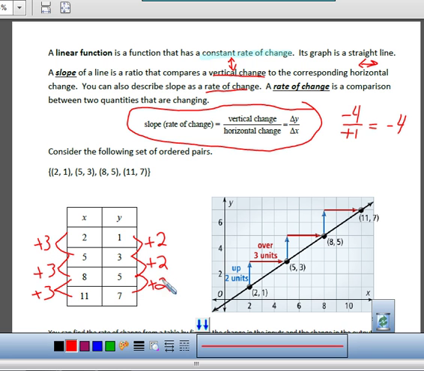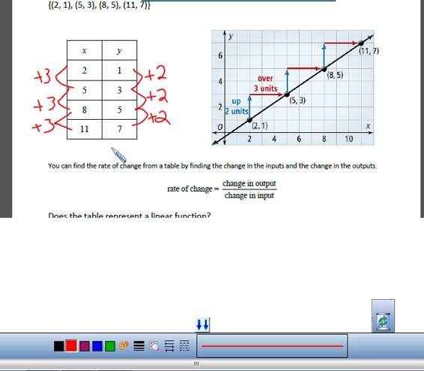So if we want to find its slope or its rate of change, we can take this change of y, delta y, over the change in x, and put that equal to 2 over 3, 2/3. So every 2 units it goes up, it goes 3 over. 2 up, 3 over, 2 up, 3 over. And when you get good at this, you can end up graphing all your points without even looking at the point values and just plotting them.